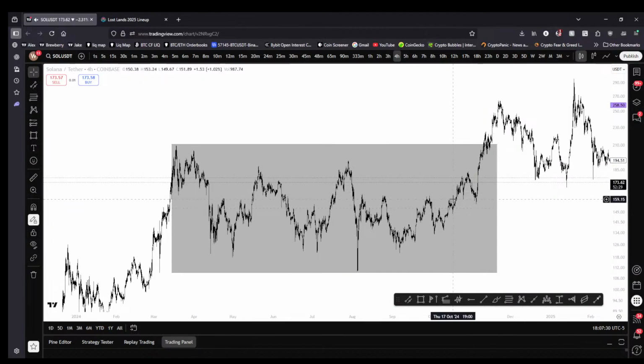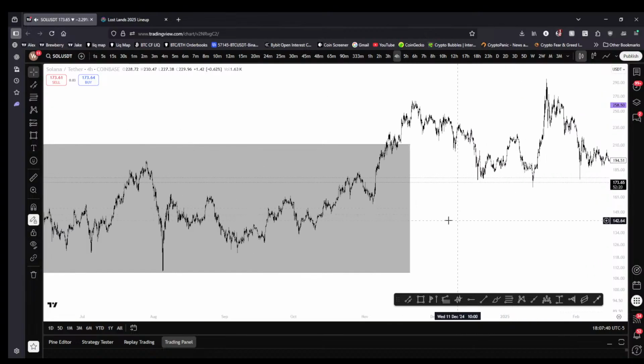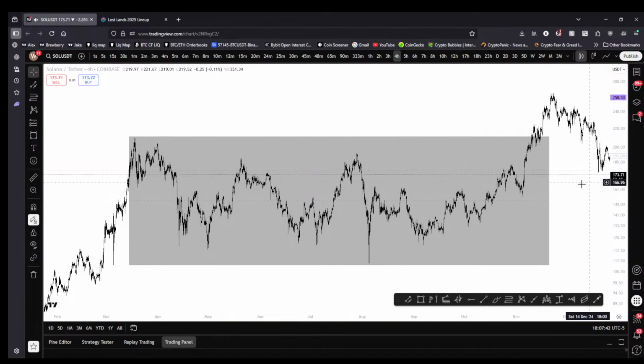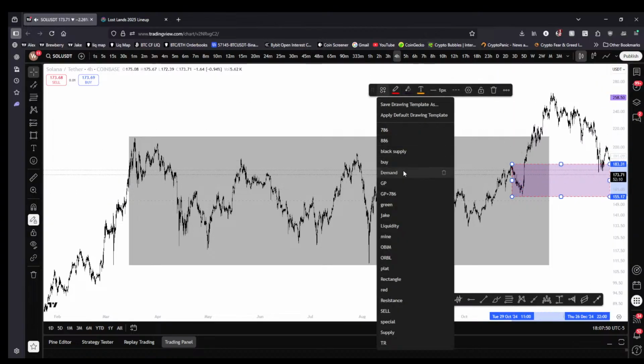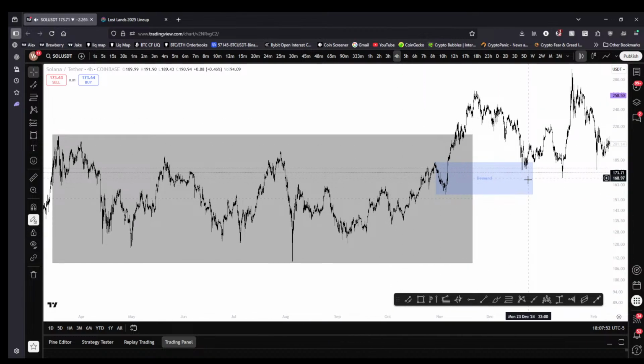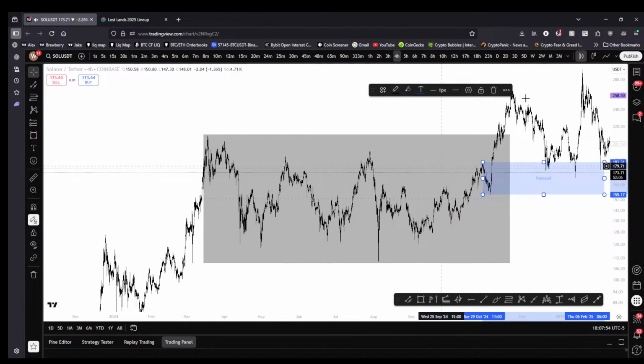Decision demand is going to be the range that results in the range breaking to the upside, right? So in this case, within this range, where is your decision demand? Your decision demand is here. This was the consolidation range that resulted in the move to the upside.